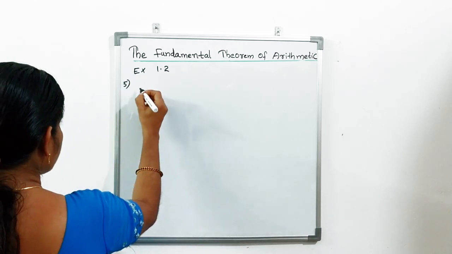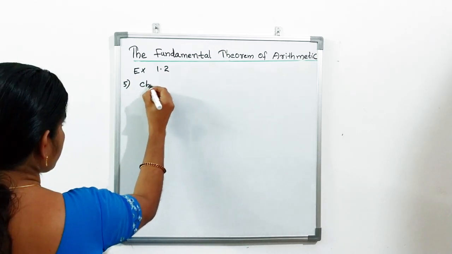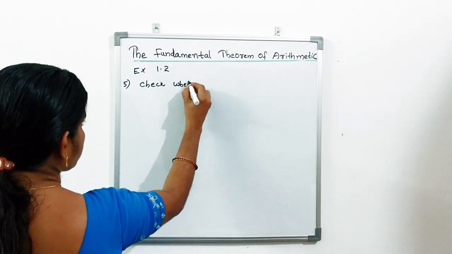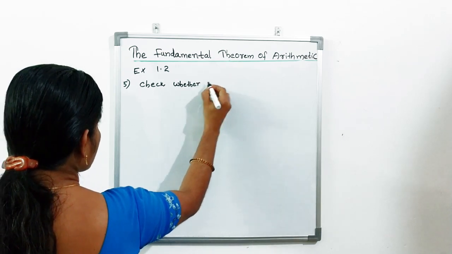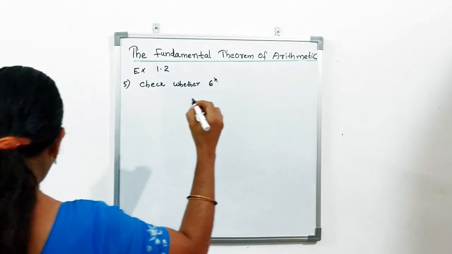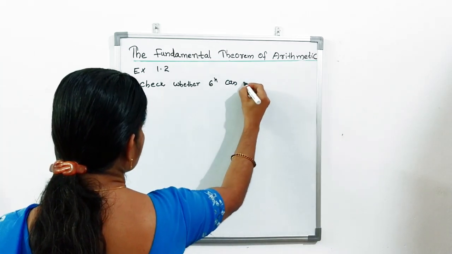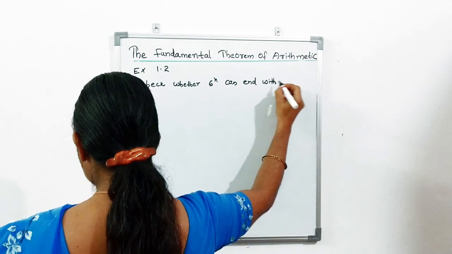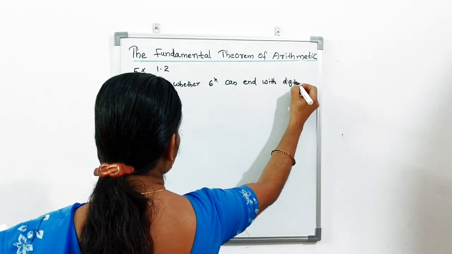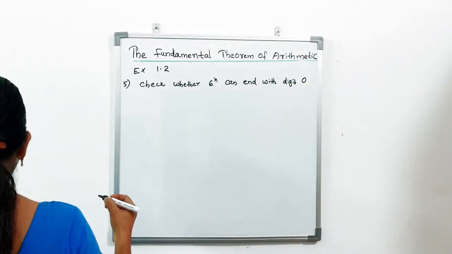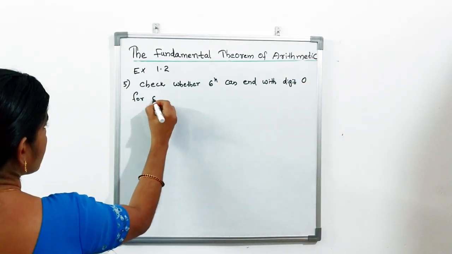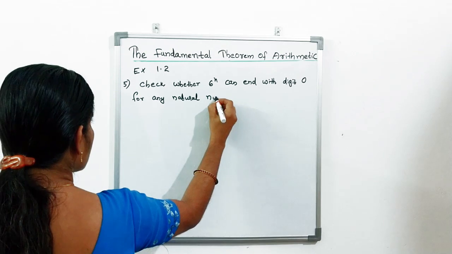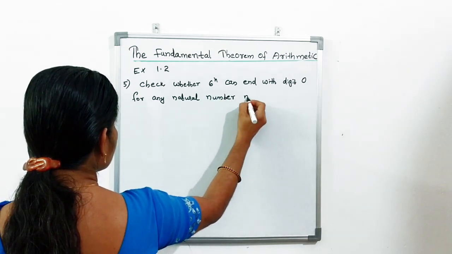Exercise 1.2, question number 5. Check whether 6 raised to n can end with the digit 0 for any natural number n.